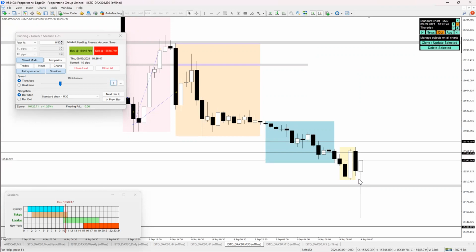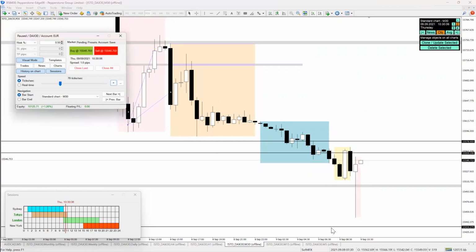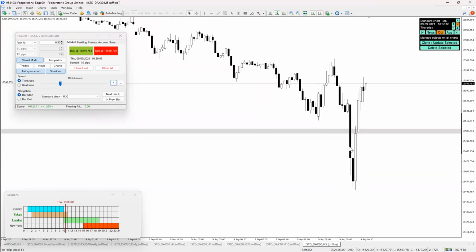Okay, given this wick, let this one close, but what I'm thinking on the 5 minutes is somewhere inside of here, price to come down and reject again.